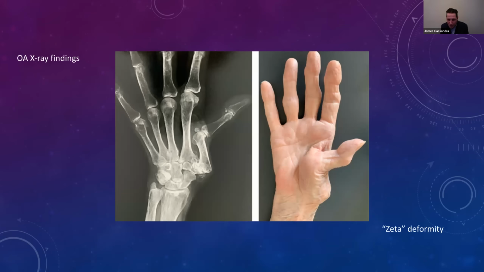So when you try to grab a cup or a vase, you can't use that thumb as a prehensile thumb to wrap around. What happens is the volar plate and capsule at the MCP joint stretch out, and you get hyperextension of the MCP joint, and that deformity. This patient could benefit from surgery.